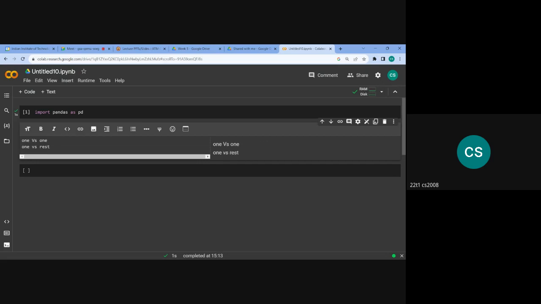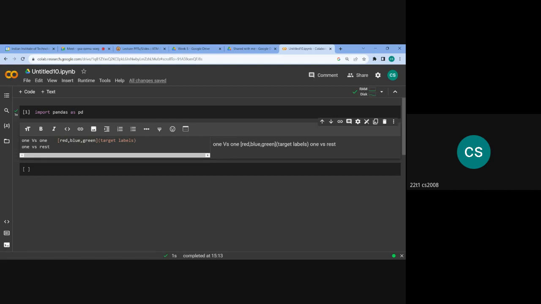Let's say we have three categories: red, blue, and green. These are the categories of the class, like labels, target labels, and we want to classify this. We have the data for it, and these are the classes.